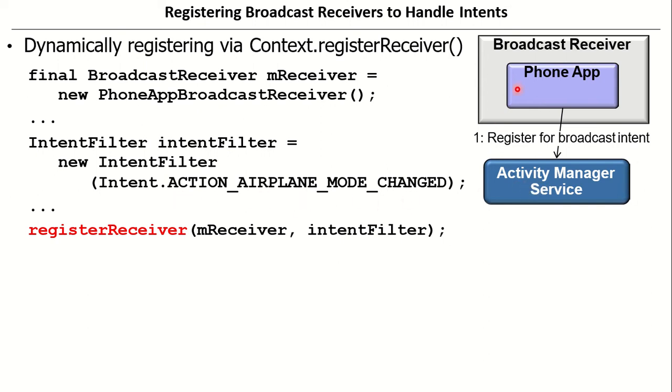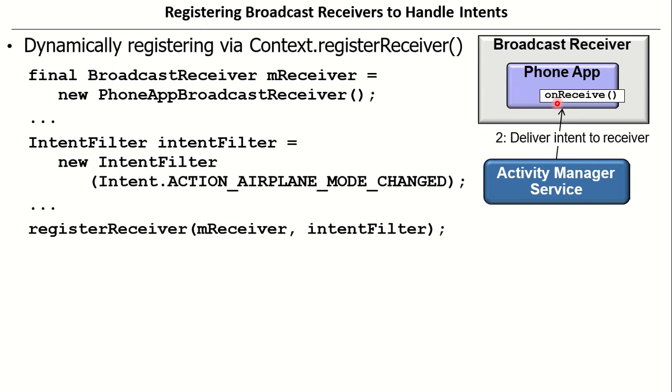So the activity manager will call the onReceive function to deliver the intent to the receiver. The onReceive will have the intent, which is action airplane mode changed. It will also have the context, which is the current application.